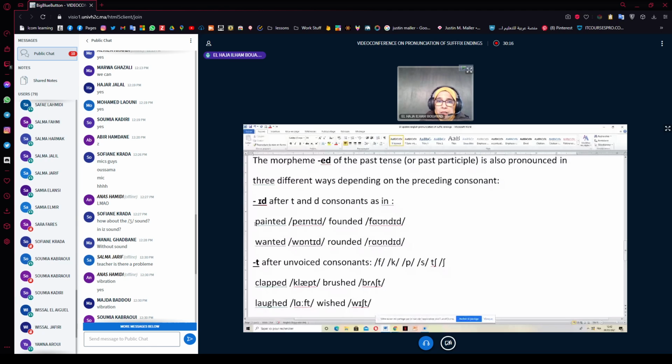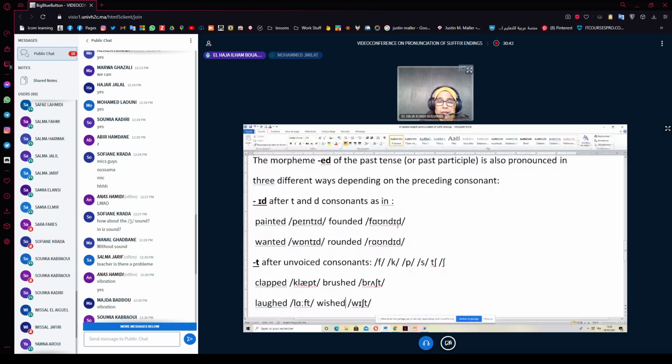We don't say painted with a bare t. Normally it is id here: painted. You see the phonetic transcription. Painted. Founded, wanted, rounded. So you see the pronunciation here? The -ed is pronounced here as id.